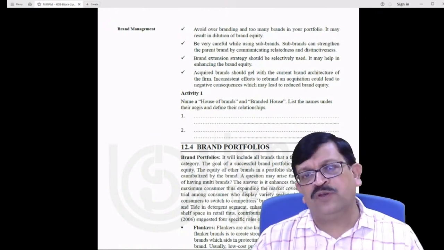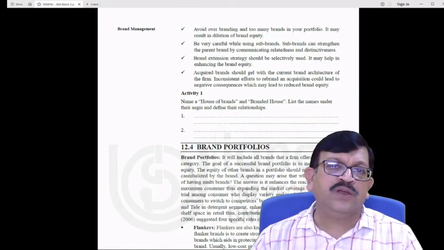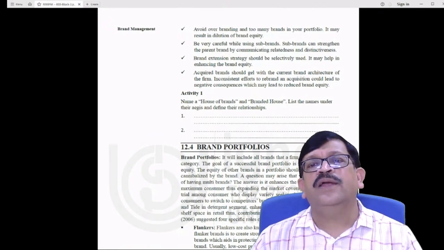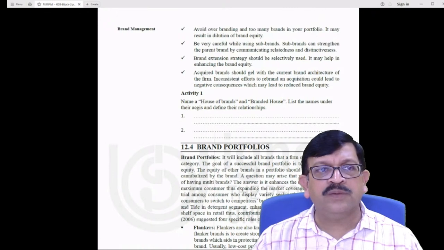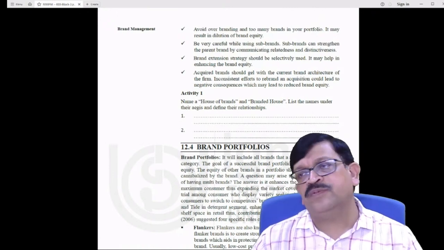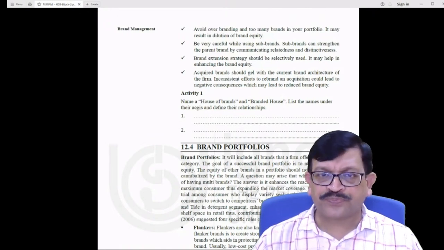Of course, when you acquire brands, they come with certain images from earlier, but you can tweak it and make some changes to align to your current brand architecture, so that you can reposition or rebrand it so that it gels well with your brand architecture or brand portfolio.